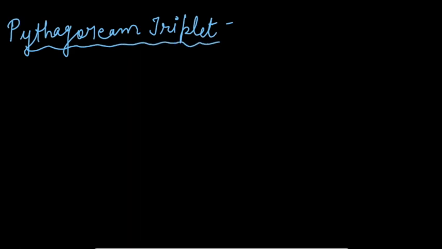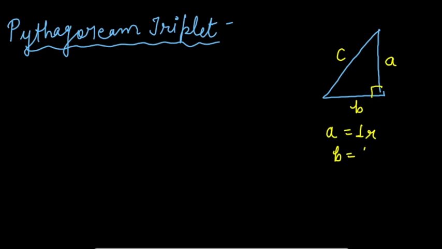For this explanation, I will have a quick recapitulation of the Pythagoras theorem. We know the Pythagoras theorem holds true for the right angle triangle, right? So if I take this as a right angle, this is my hypotenuse, A, and I take this as B. Okay, so if I am taking A as the perpendicular, B as the base of this right angle triangle, C I am taking as the hypotenuse, right?